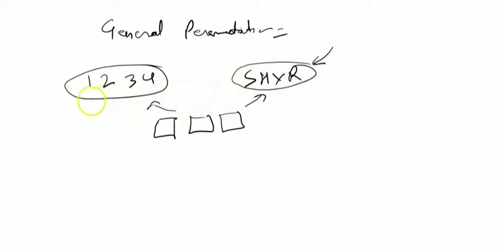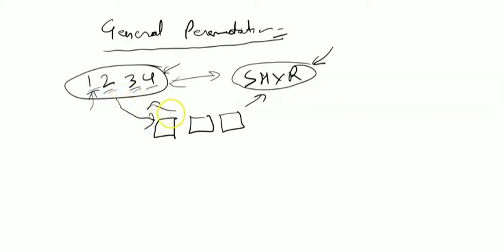But there would be no repetition allowed in the general case of permutation, because all of the elements in these samples are very distinct from each other. So once any of these values has been filled in the first slot, the same value would not be available for the second and the third slot.